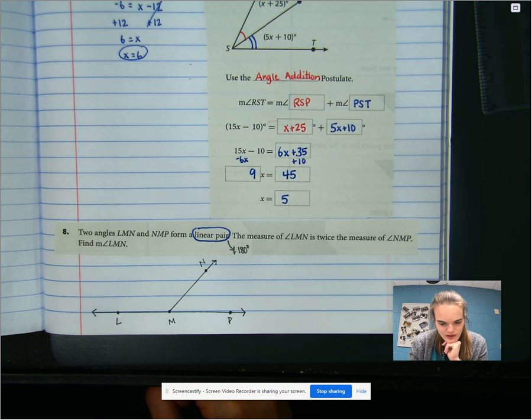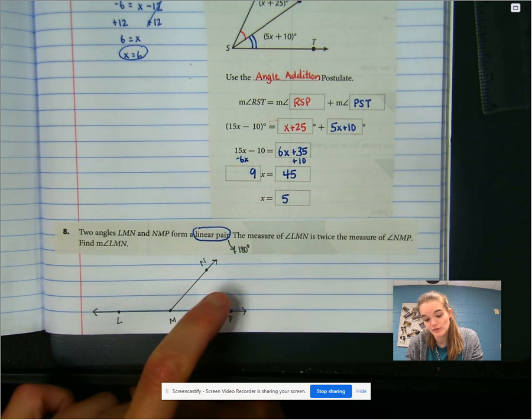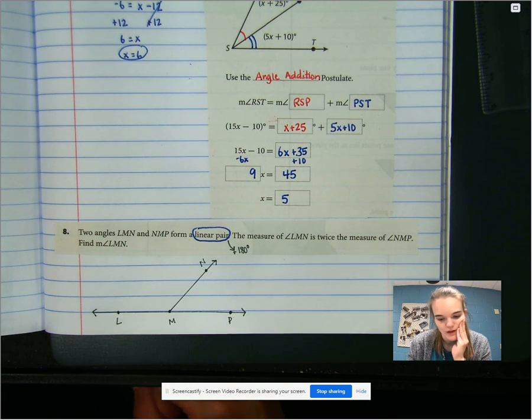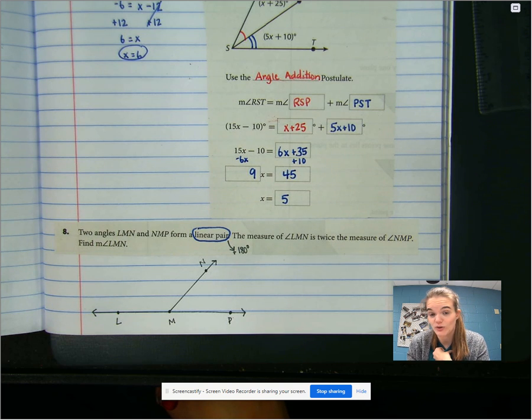So if they're going to have to add to 180 degrees, I could think about what would be twice of this that would add to 180. I'm going to set up an equation because that's how I like to do stuff like this, but you get to choose. If you decide to do something else, that's fine. I almost never care about which way you solve it, as long as you get the right answer.